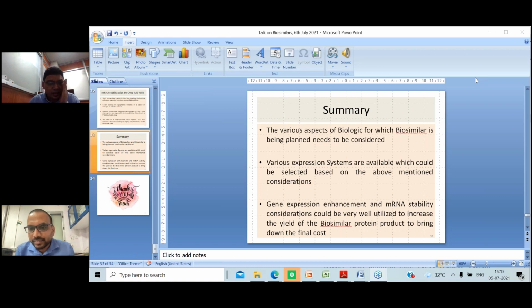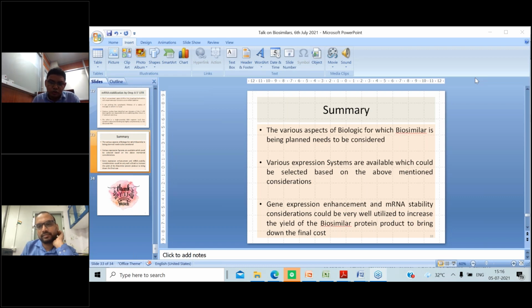One thing I would like to make clear here is that most people, when they talk about biosimilars, feel that monoclonal antibodies are the biosimilars. It could be any protein. As long as your receptor protein has a therapeutic effect, if there is an original biologic based on a receptor protein, and you are making the same thing after the patent expiry, then it will be considered a biosimilar if it meets the other requirements.